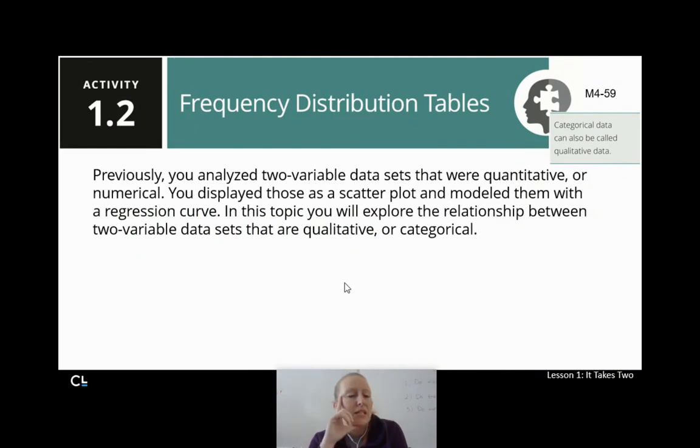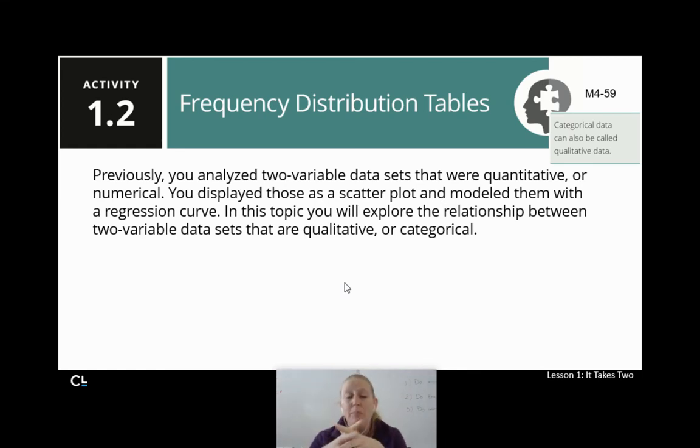So previously, we've analyzed two variable data sets that were what we call quantitative or numerical. Sometimes we call numerical data quantitative data. And we displayed them as scatter plots. We did a regression curve, right? But in this topic, we're going to explore the relationship between two variable sets that instead of being numerical are categorical, okay?